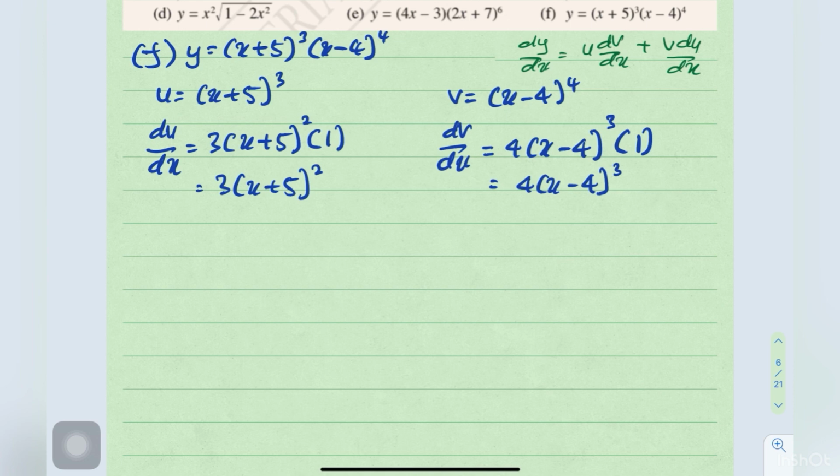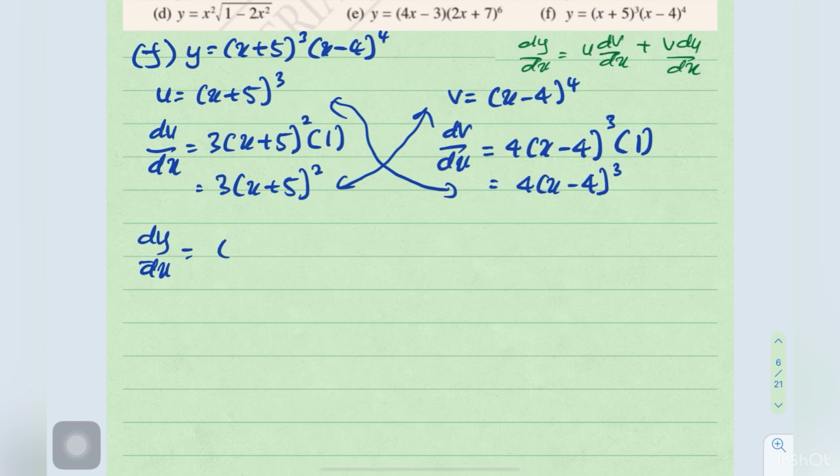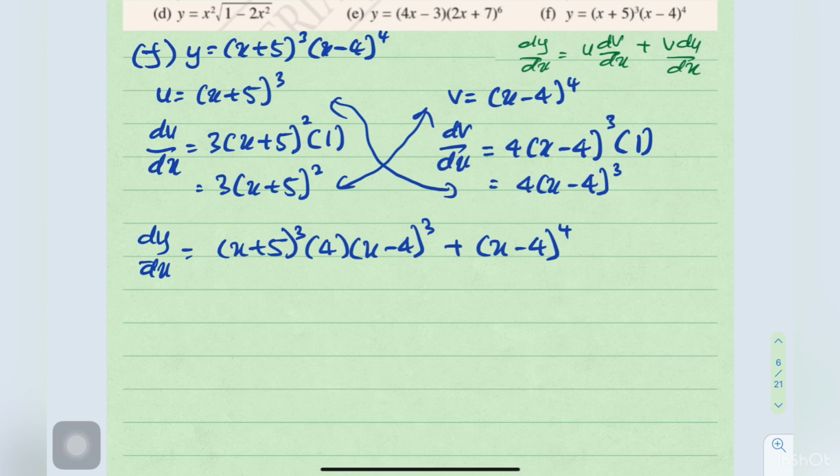Okay, so dy/dx, u dv/dx and v du/dx. Here I have (x plus 5) cubed times 4 times (x minus 4) cubed, plus (x minus 4) to the power of 4 times 3 times (x plus 5) to the power of 2.